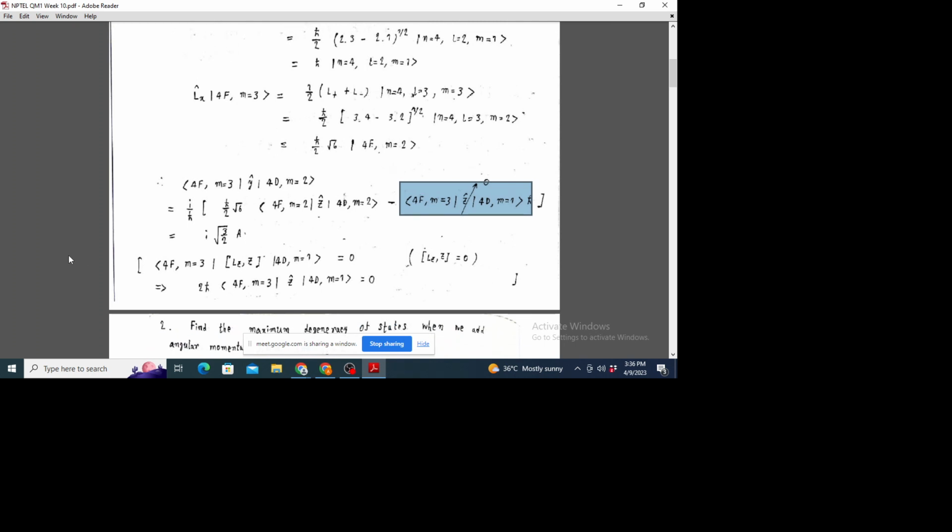Yeah. So this was possible because LZ and Z commuted with each other. That is why it was possible to show that this is 0. So another thing is that since LZ and Z commuted, that means different eigenvalue of LZ will also diagonalize Z, right? Because LZ and Z then will be simultaneously diagonalizable.